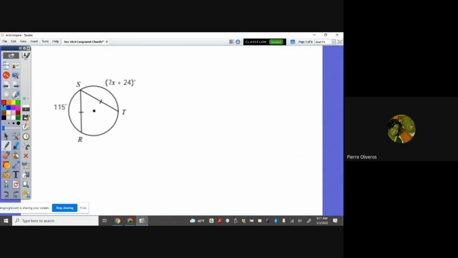Let's apply the concept there. So we have here a circle, and it says that this chord is congruent to that chord because of this thick line here. So therefore, this arc here and that arc there have to be equal. So 7x plus 24 is equal to 115. Subtract 24 on both sides.